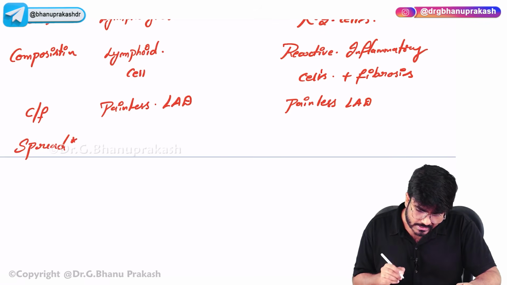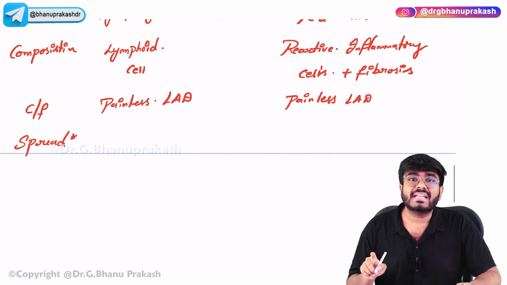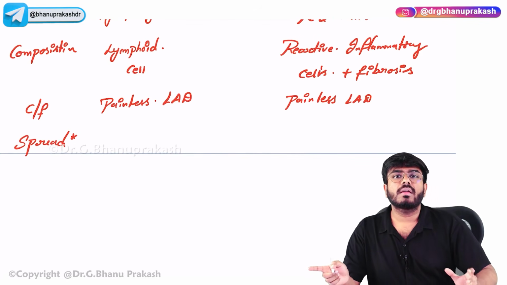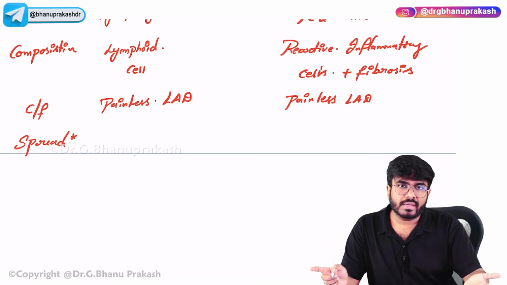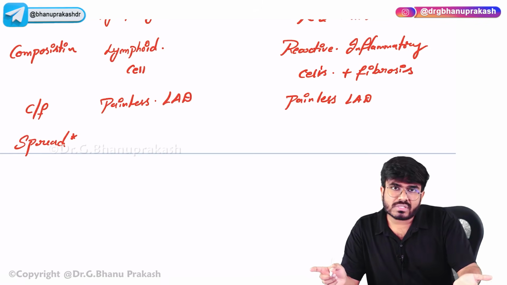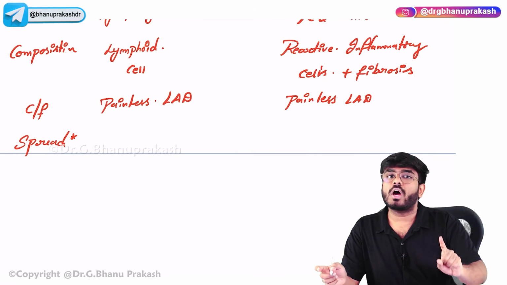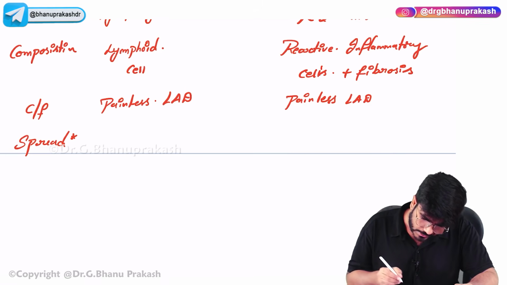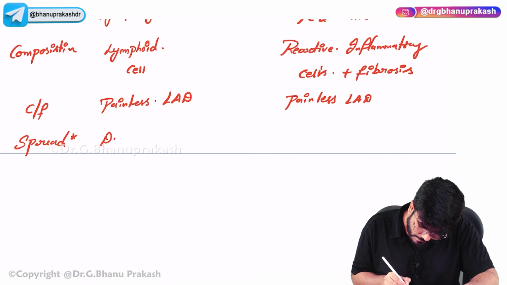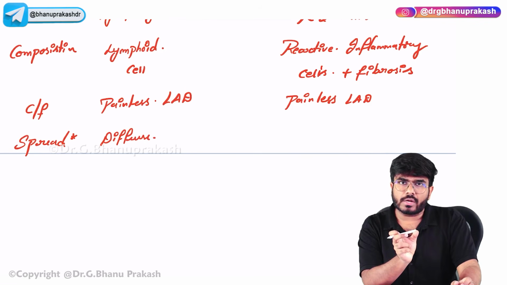Non-Hodgkin's lymphomas are often extranodal, meaning not the lymph nodes but other sites. Sites other than the lymph nodes are most commonly involved in non-Hodgkin's lymphomas. Yes, of course, lymph nodes are involved, but mostly extranodal. Diffuse means there is no particular order.